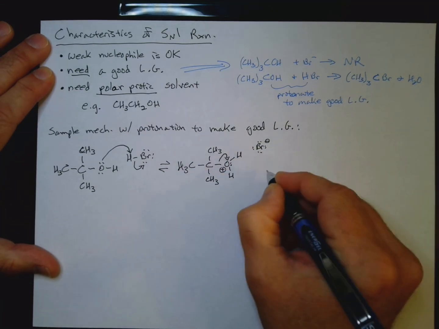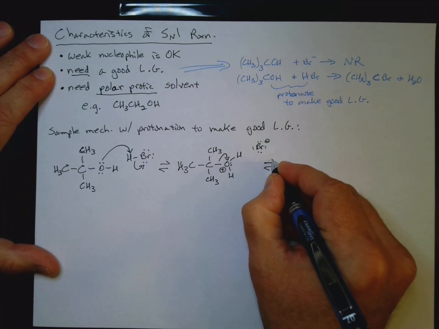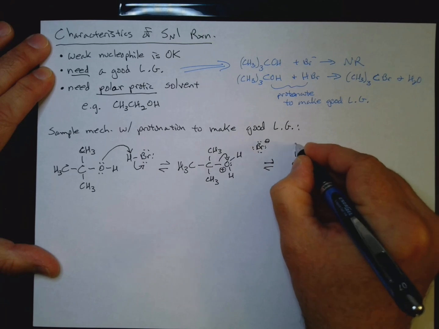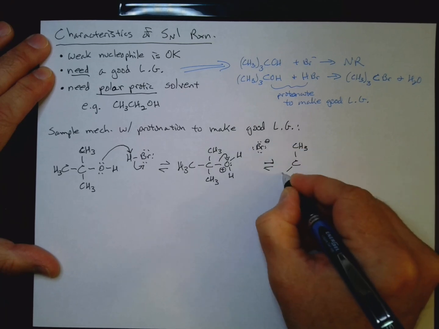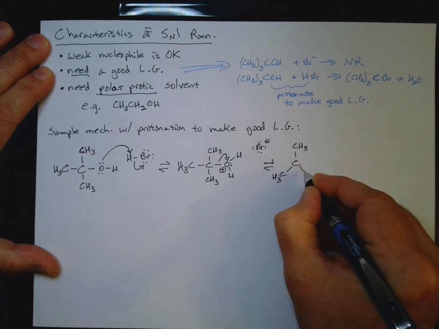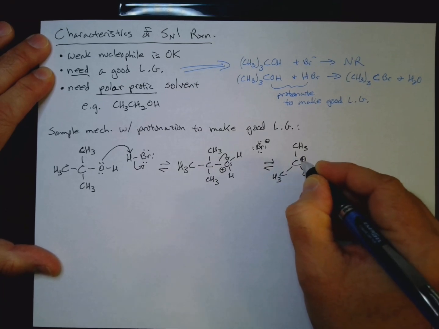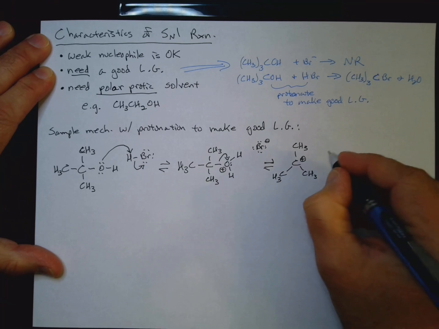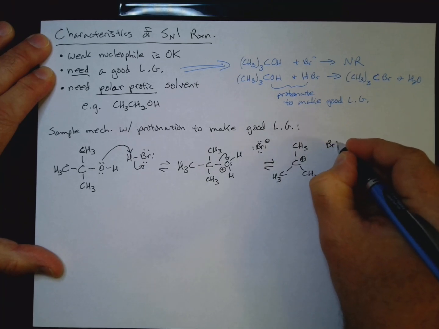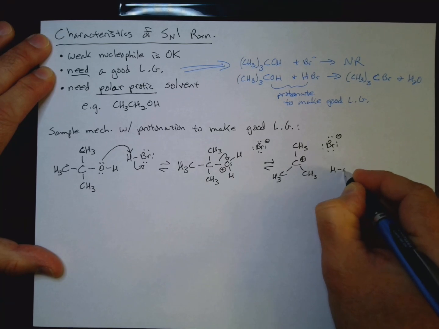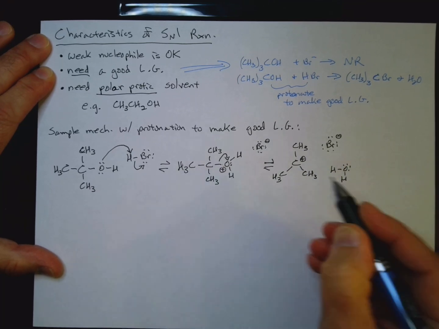Now my leaving group will leave, and I'll make that carbocation, just like I did in the previous mechanism. Okay, and I've got my Br minus, and I've got HOH, because that was my leaving group that came off there.